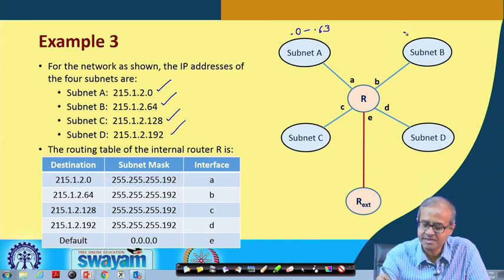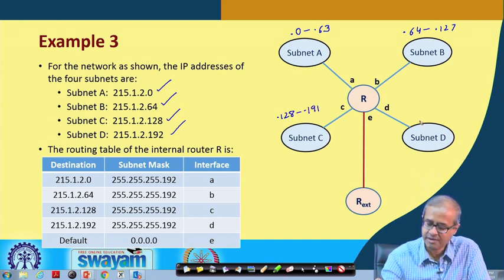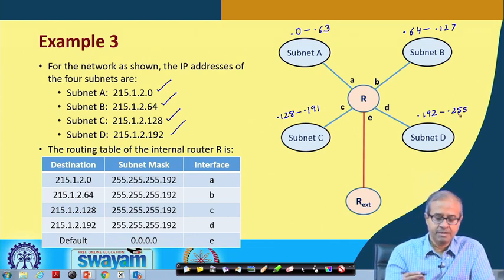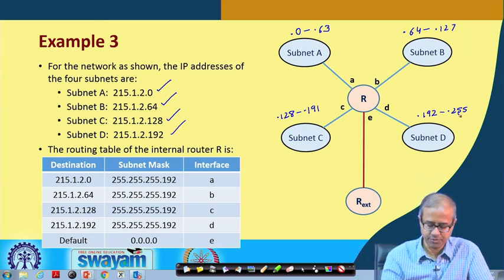B similarly starts with 64 and continues till 127. The third one starts with 128 and continues till 191, and the fourth one starts with 192 and goes till 255. Now, suppose some packets are coming.